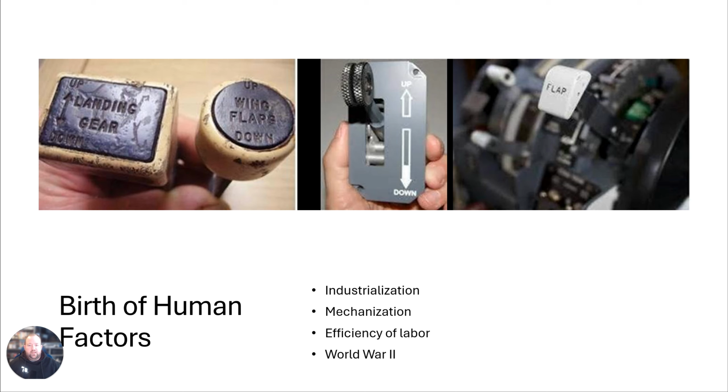Until somebody came in and said, okay, let's make the levers, because they can't see these levers, they're underneath their seat, let's make them feel like what they're controlling. And just like that, the problem was solved.